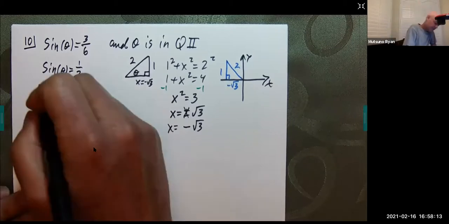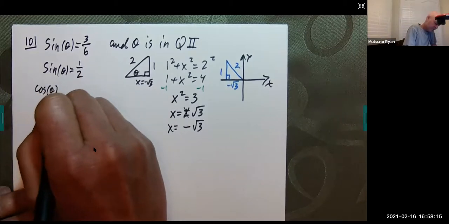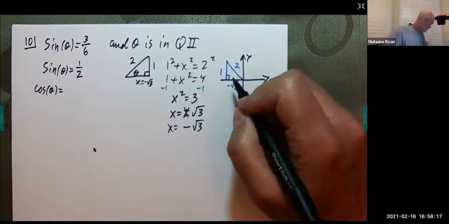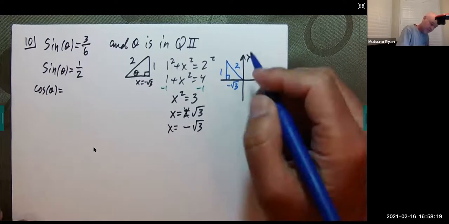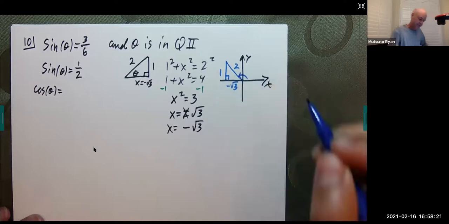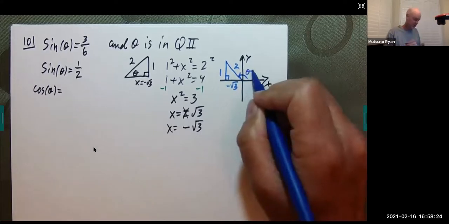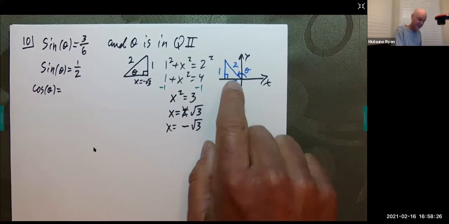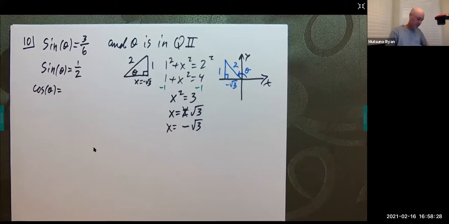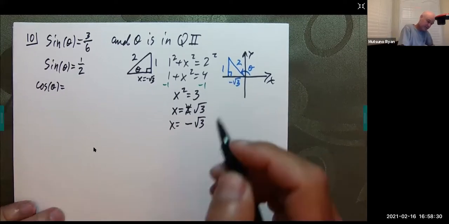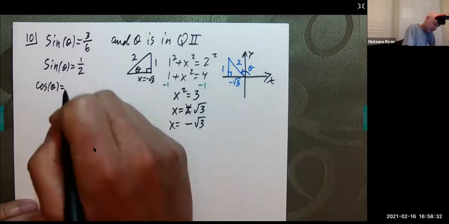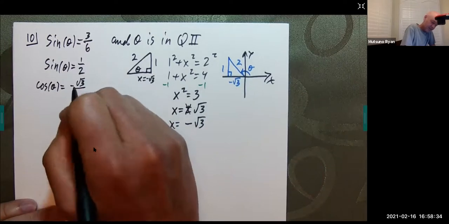So the cosine of theta, and here's our theta. And then here's our reference angle in there. And we're going to use our reference angle here. So the cosine is the adjacent, that's negative root 3 over the hypotenuse, which is 2.